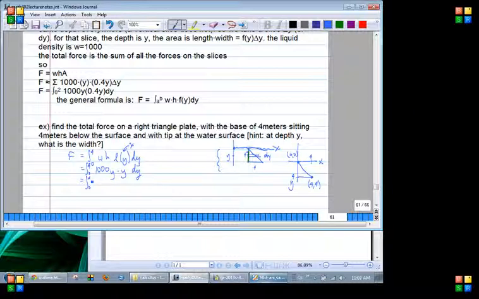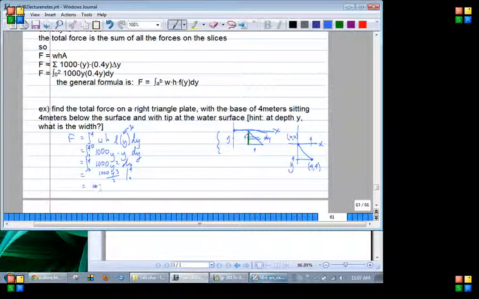So to finish the calculation on this problem, the integral of 1,000y squared dy, which is 1,000y cubed over 3 from 0 to 4.